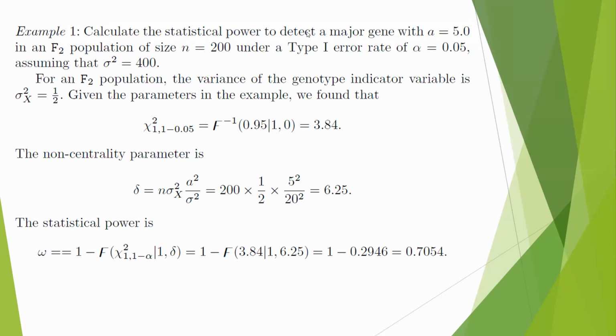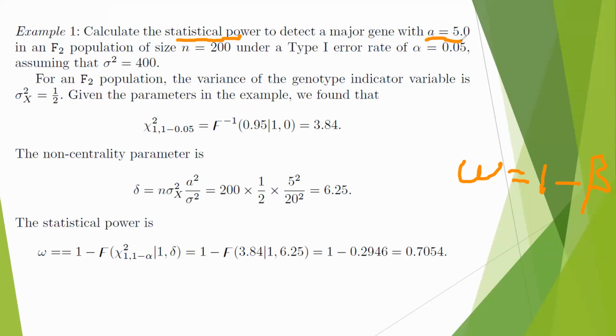So for example, let's look at the first example here. Suppose we want to calculate the statistical power. So we want to calculate power, right? Power equals 1 minus beta, where beta is the type 2 error. So how can we calculate the statistical power to detect a major gene effect?